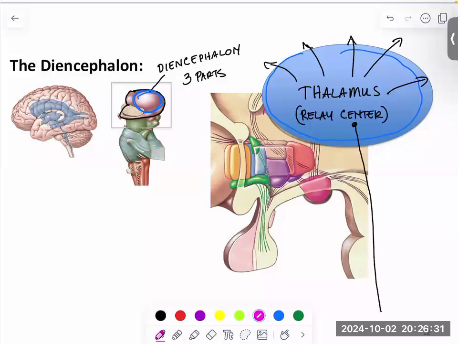This part below the thalamus, in pink. This word means below. That is your hypothalamus.